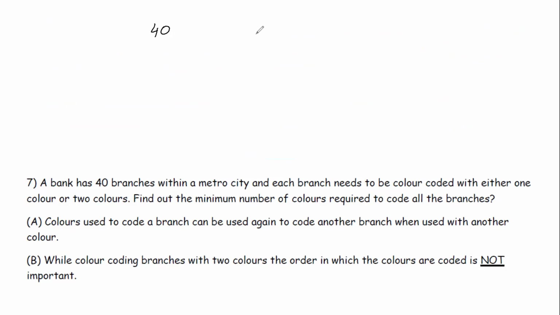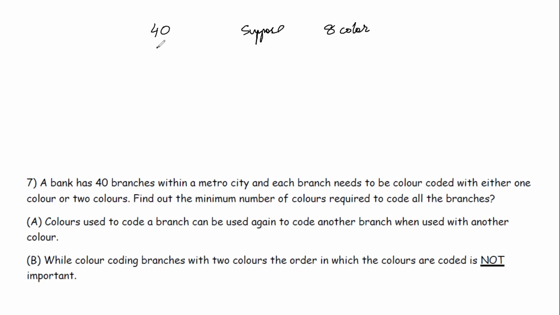And suppose, without looking at the question stem, we say that there are 8 colors. So with 8 colors, each branch needs to be color coded with either one color or two colors, correct?